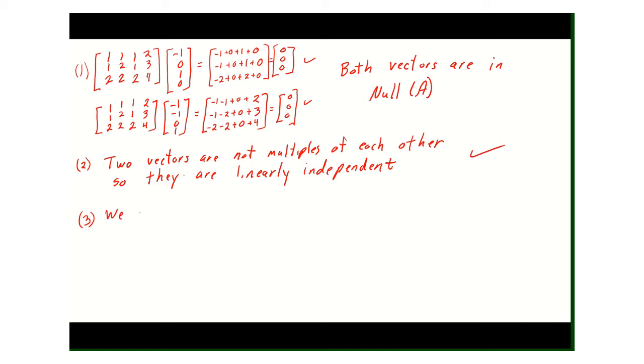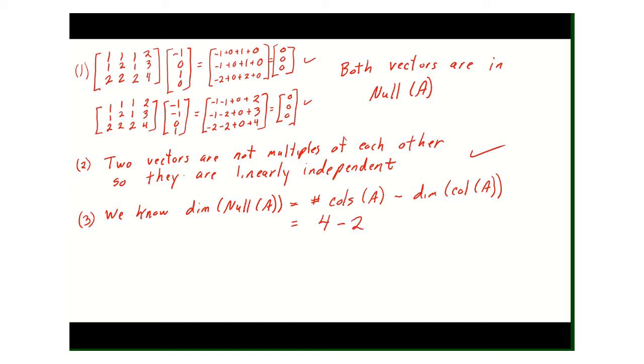So we know that the dimension of the null space of A is equal to the number of columns of A minus the dimension of the column space of A. We can see that there are 4 columns in A. We were told that the dimension of the column space of A is 2, so that's 2. So the dimension of the space we're looking for is 2. We have 2 variables, or 2 vectors.